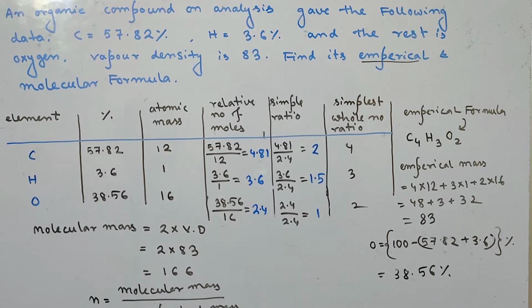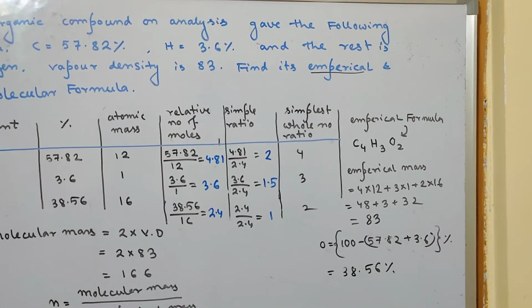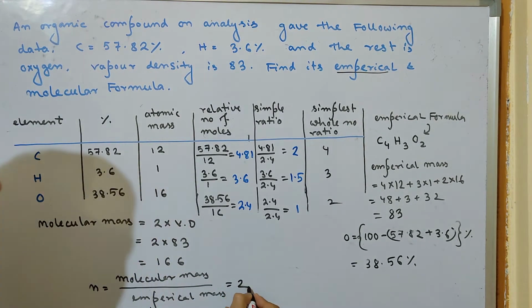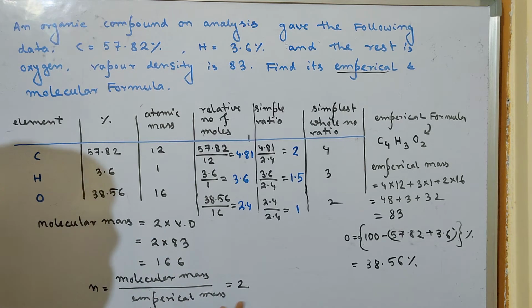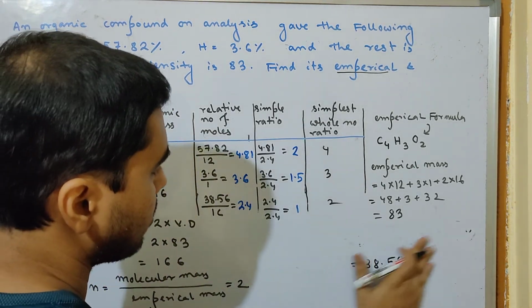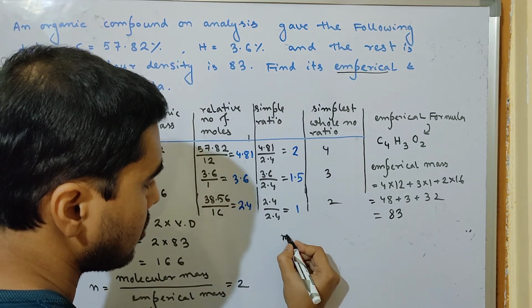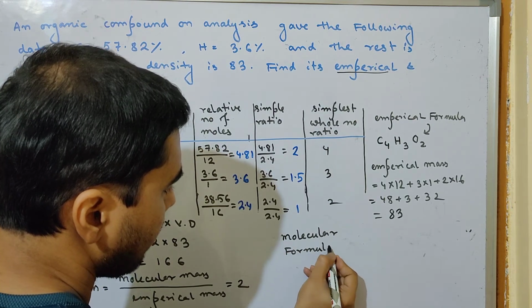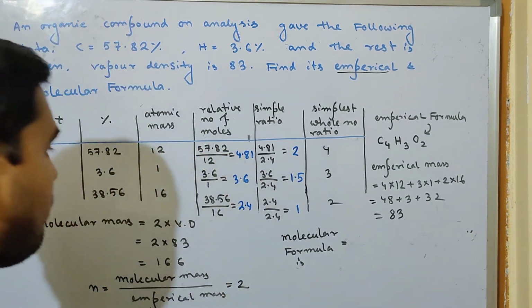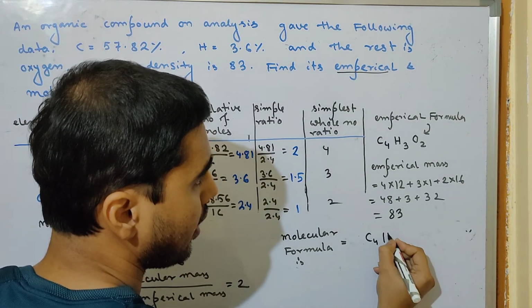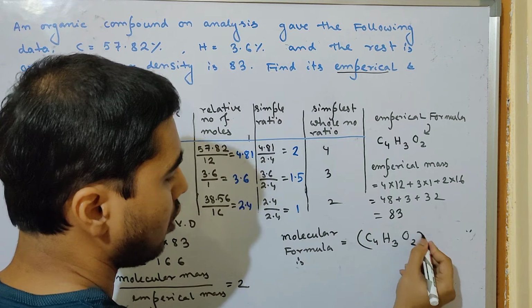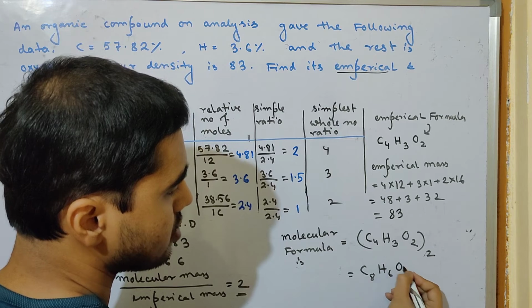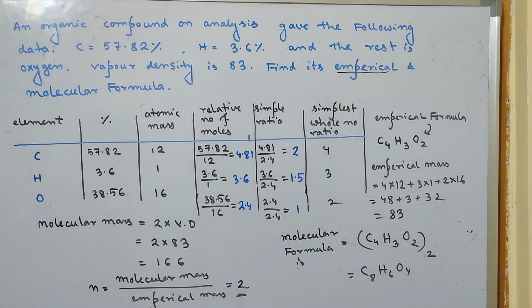As a result, we are getting this value as 2. When we are getting this value as 2, the molecular formula is C4H3O2 with the value of n written here, so it should be C8H6O4. So this is the answer that we were looking for.